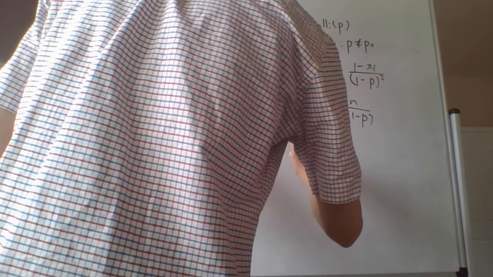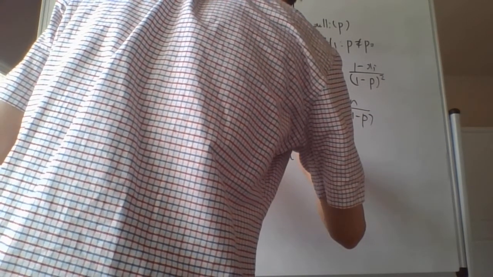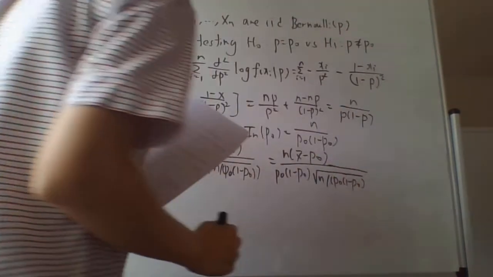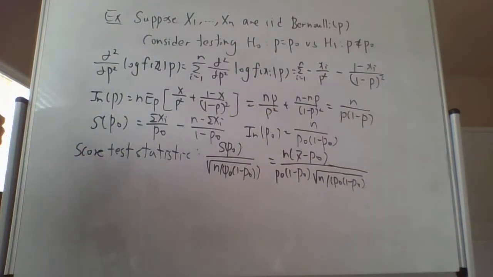This is n times x bar minus P0 divided by P0 times 1 minus P0, over the square root of n divided by P0 times 1 minus P0.